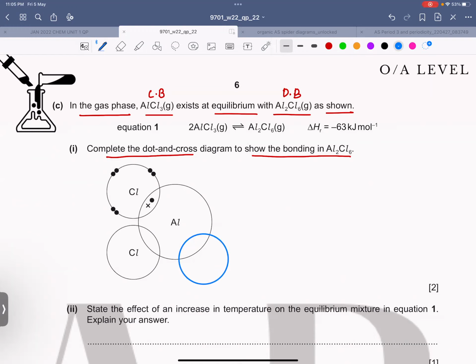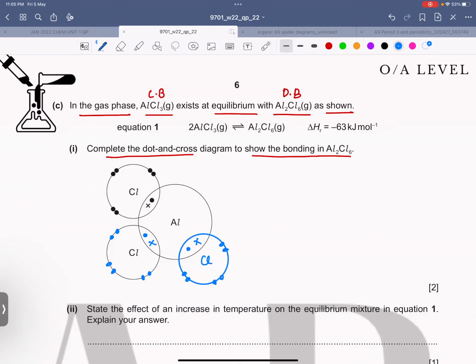So the dotted electrons are of chlorine, right? So this one is from aluminium. 3 lone pairs each chlorine atom has. In the same way, aluminium shares its third electron with the third chlorine atom. Now, see, it's AlCl3, right?